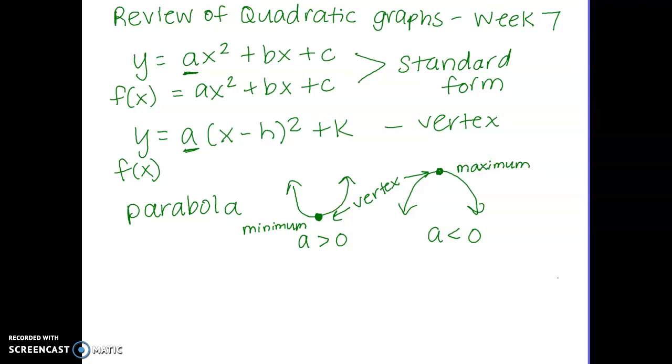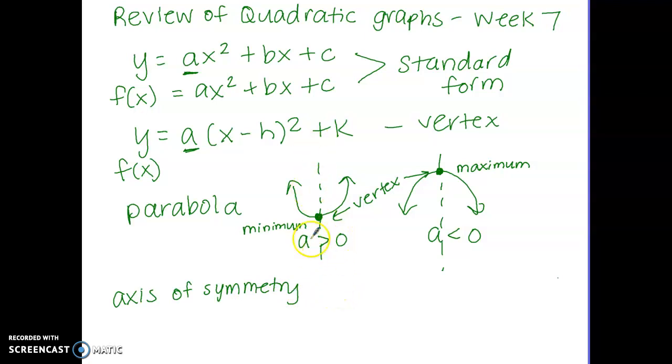Another thing we have in these parabolas is an imaginary line that cuts right through the center. It goes right through the vertex, and this is called the axis of symmetry. And the axis of symmetry is always an equation because it's a line.